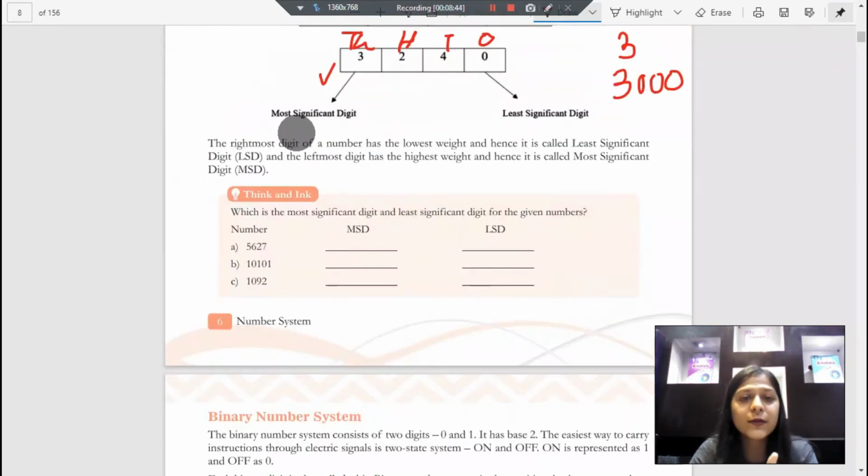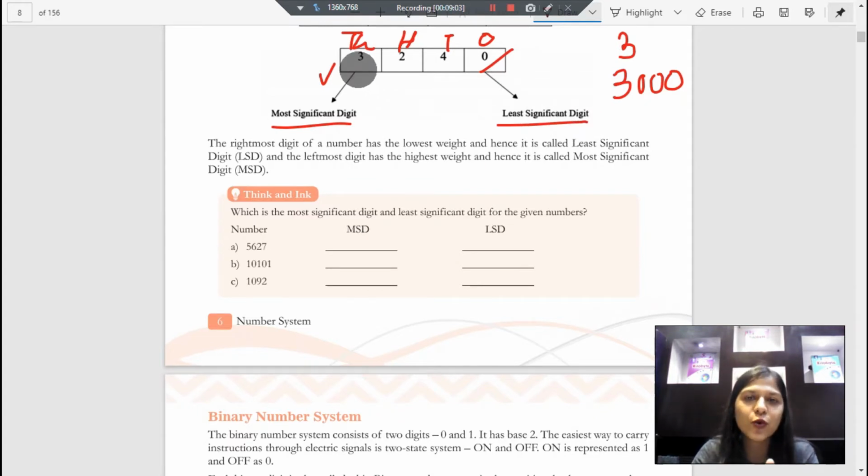Right. Okay, so one more important fact here. The number that is in the thousand place, the highest place, is the most significant digit, and the number that is in the last position, the ones position, is the least significant digit. It's a very simple idea if you just think about it.